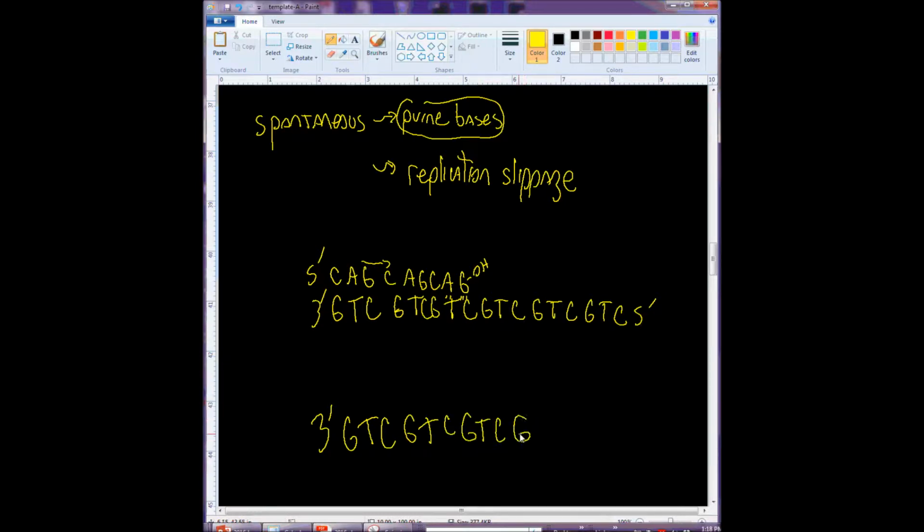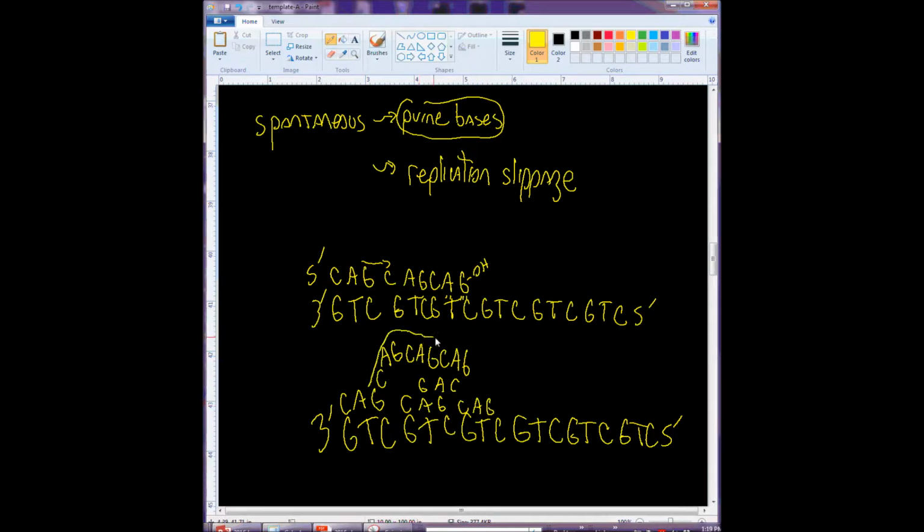Let me diagram this quickly for us. So I still have the template strand down there. So now we've got, okay, a loose little loop up here. So this is just a single strand, and when it reannealed, okay, now we had this loop come out.